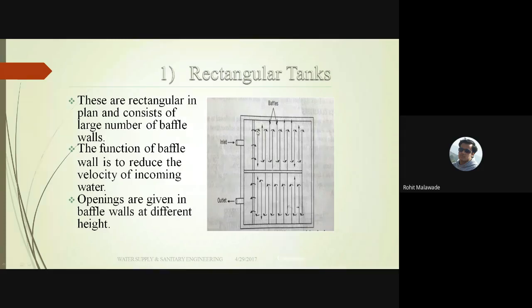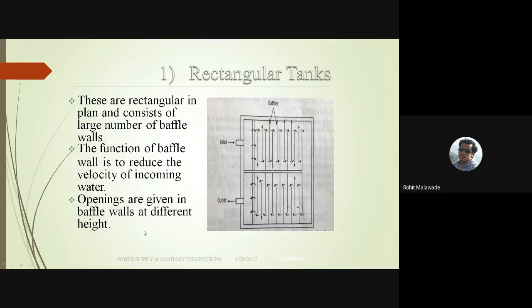This is going to reduce the velocity of the flow. Once the velocity reduces, there is a good chance that the particles, due to the reduced velocity, will settle down at those places only. Continuously we are going to have the baffle walls, and then we will take the water outside.